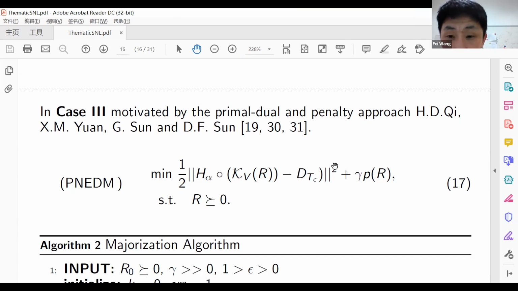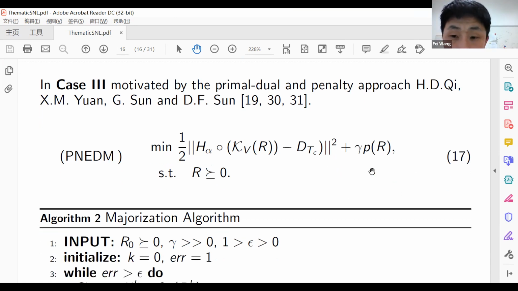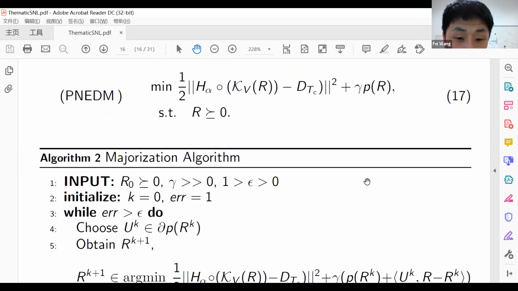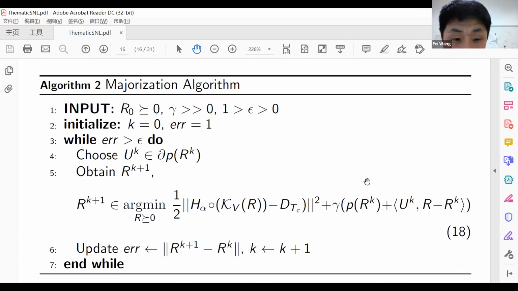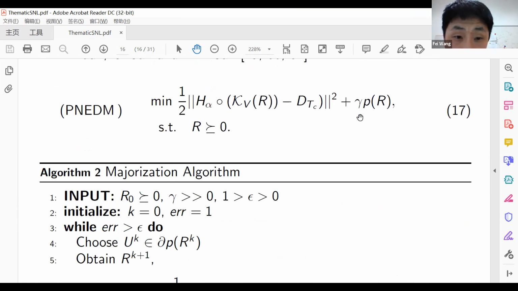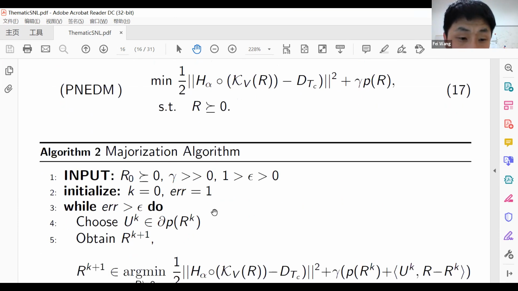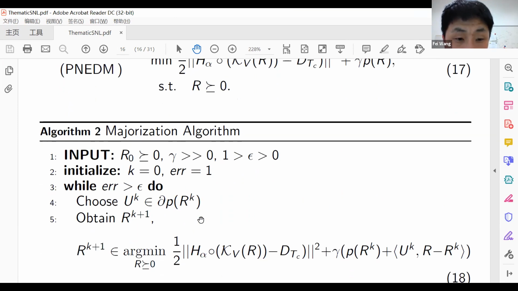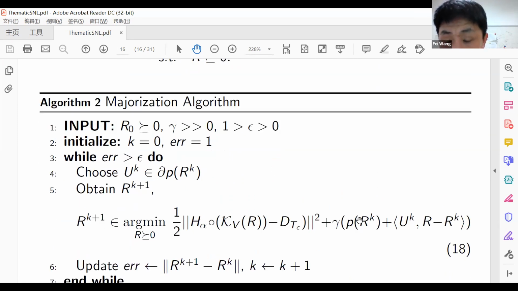So the idea is to add a penalty term here, and each time we differentiate this penalty term and obtain UK, and we linearize this penalty term.